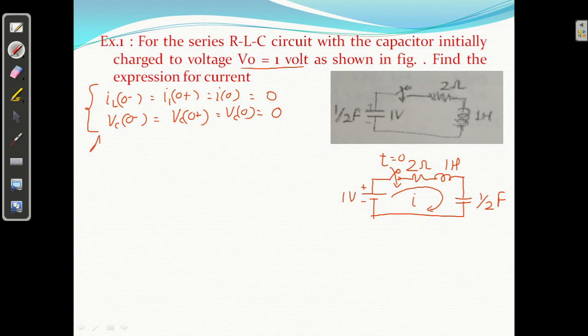Now at t equal to 0 I am closing the switch and writing the KVL.